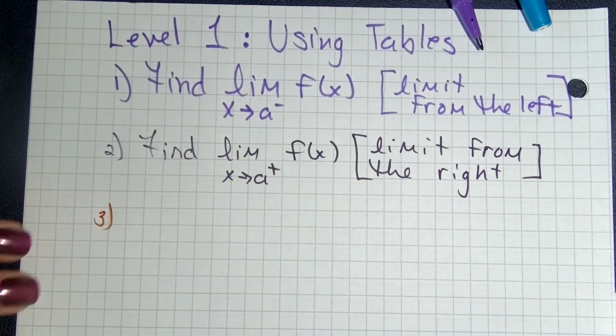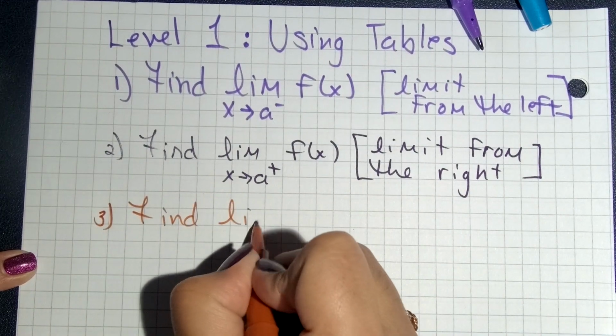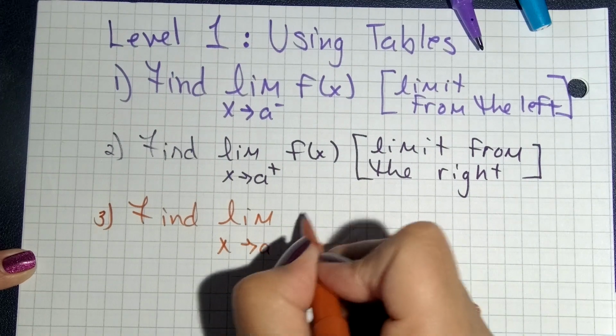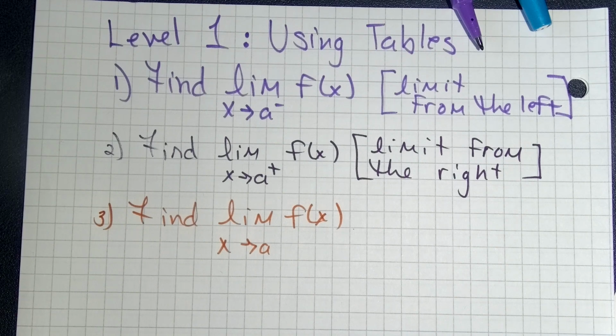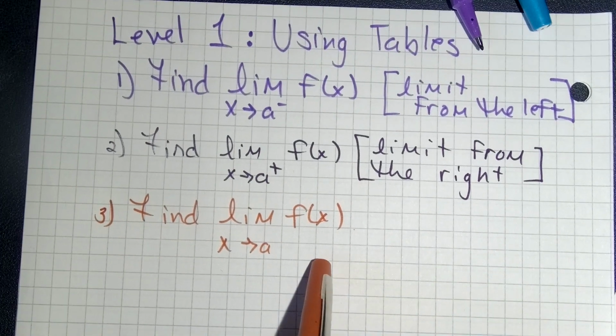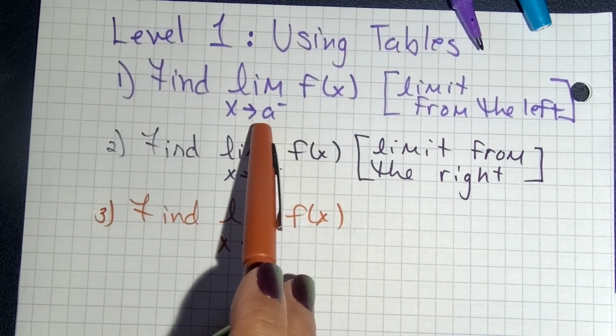Alright, and then the last thing is you're going to need to evaluate to find the regular limit. Remember, there is one thing that has to be true in order for this limit to exist. What is the one thing between these two that needs to be true?